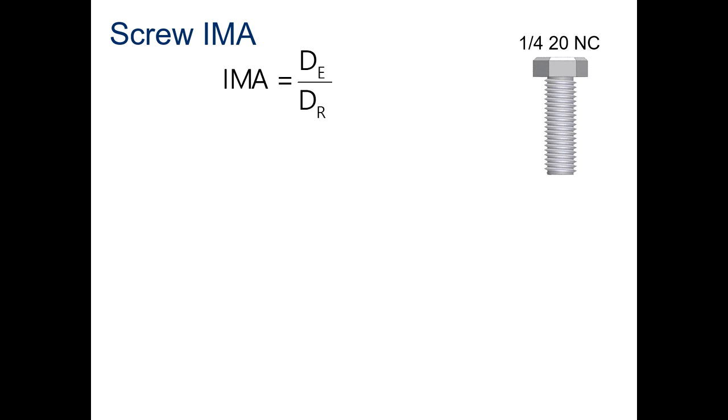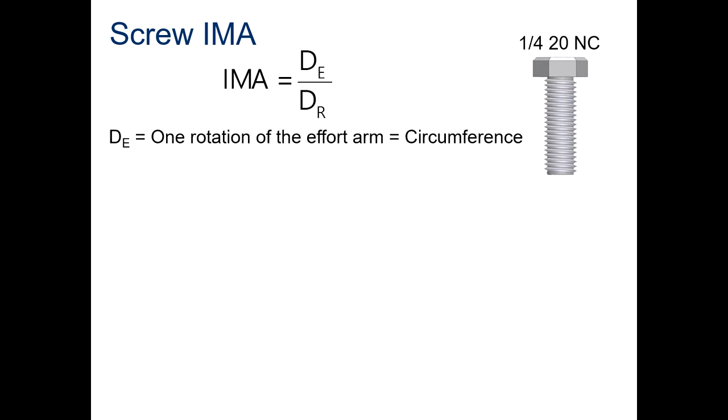All right, now if we look at the screw, again, the formula should look the same. The ideal mechanical advantage is the distance effort over distance resistance. Okay, the distance effort, one rotation of the effort arm, which is the circumference.